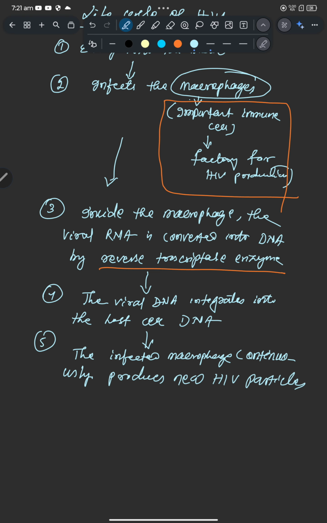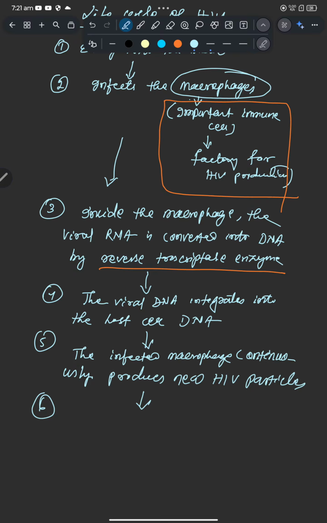Why am I writing particles? Because once they are released, they become non-living chemical inert particles. That's why the macrophages are known as the HIV factory. Clear?